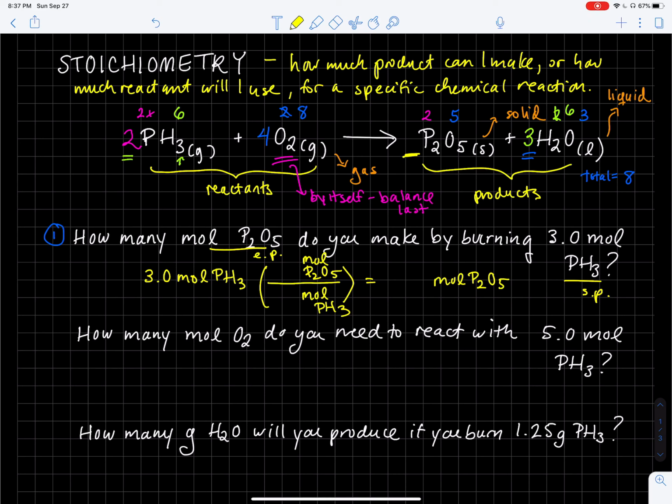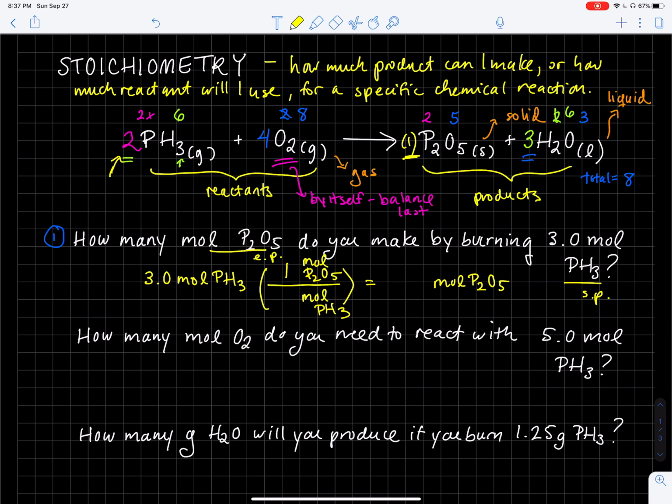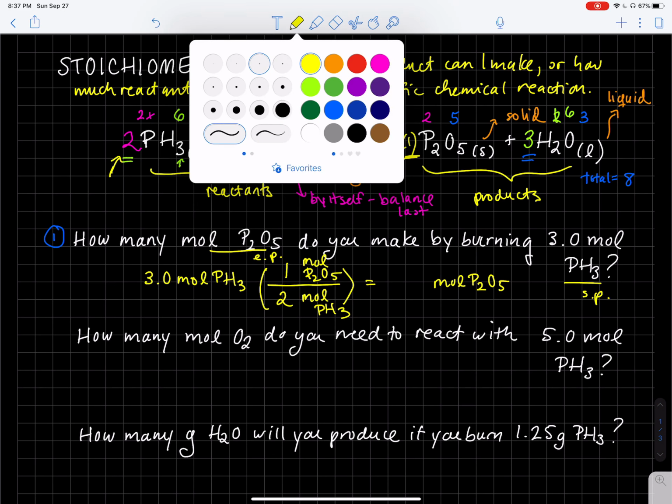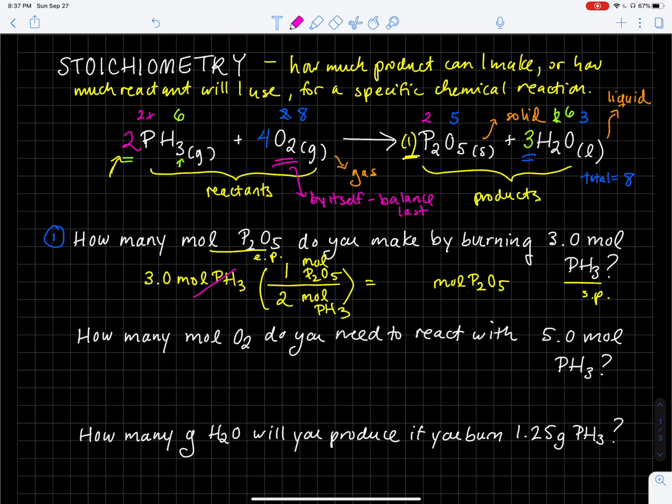The 1 is sort of implicit there. So for every 1 mole of P2O5, I have 2 moles of PH3. So now this is a dimensional analysis problem, right? My moles of PH3 cancel, and I just divide the numbers, and my answer is 1.5 moles of P2O5.